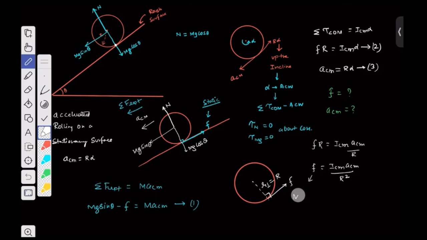We'll have mg sine theta minus ICM ACM by R square, which is equal to MACM. Then you solve for ACM, it is going to be equal to mg sine theta by m plus ICM by R square.